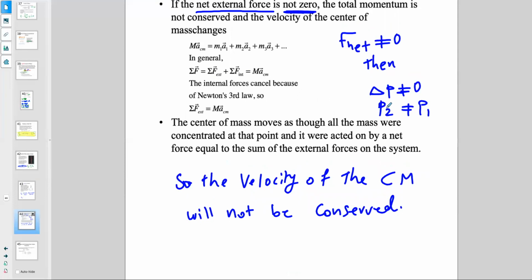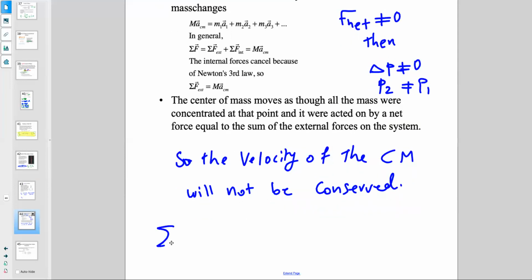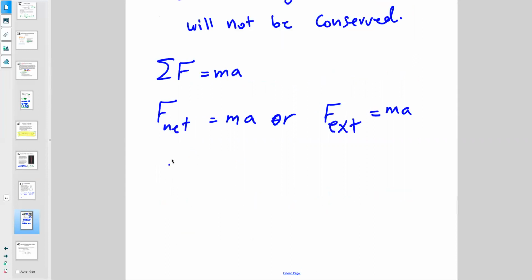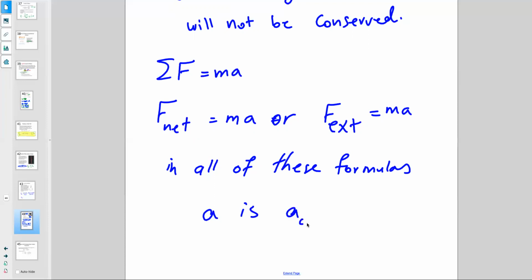Okay, so when I'm writing sigma F equals ma, or when I'm writing F net equals ma, or F external equals ma, in all of these formulas, a is the a of the center of mass.